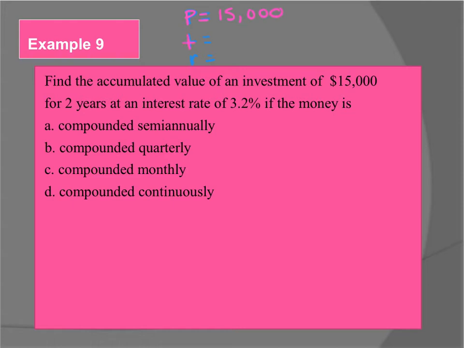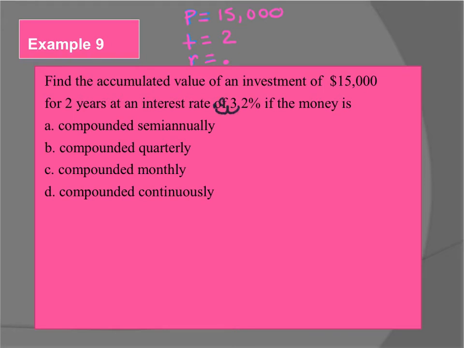What's our T? Two years. So our T is 2. And then what's our R? 3.2. So 3.2 is the percent, but we have to change our percent into a decimal, so we would move our decimal place 2 times.